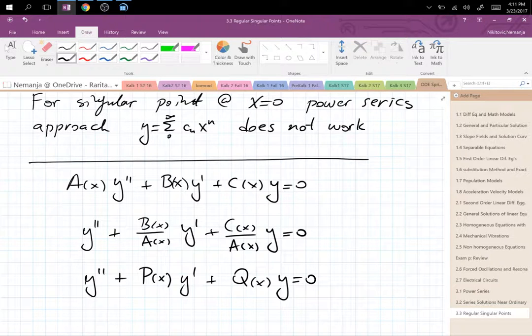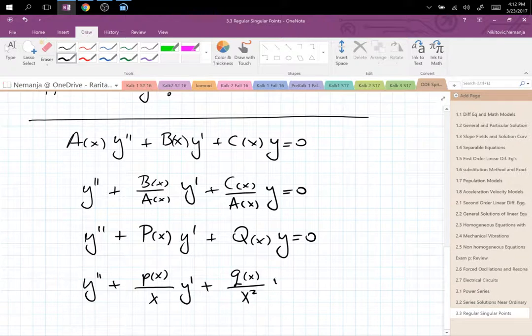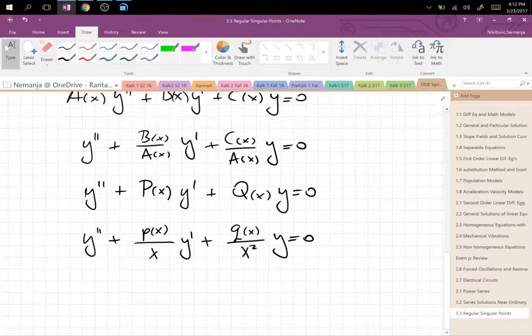What am I looking for over here? Well, we can actually put the definition there. I can define p(x) as lowercase p(x), which is some kind of polynomial, divided by x, times y prime, plus lowercase q(x) divided by x squared, times y, equal to 0.